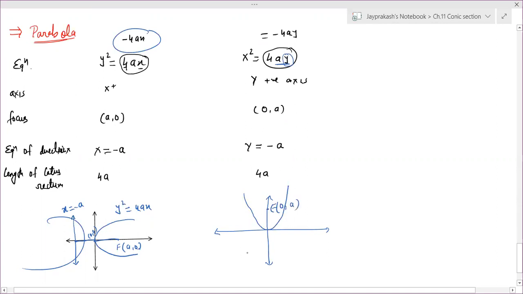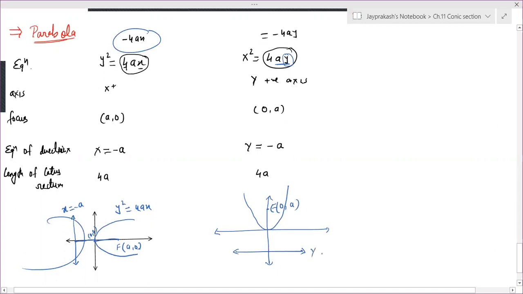The equation of directrix is y is equals to minus a. Latus rectum is the maximum opening from the focus, the distance between the two curves through the focus. This one is known as latus rectum.